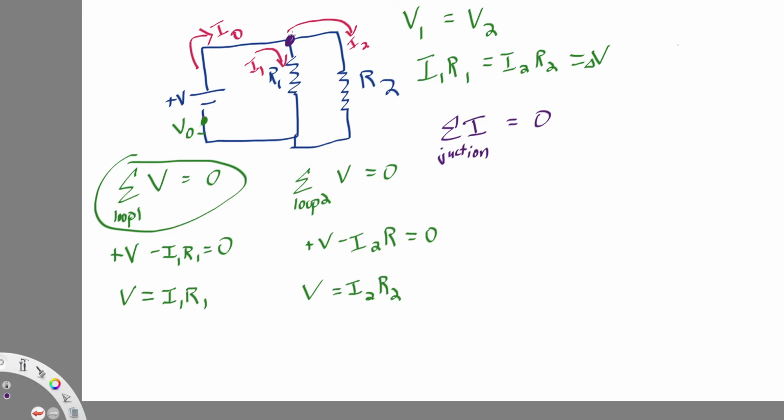Well, the amount of current coming out has to equal the amount of current going in, right? Those charges have to come from somewhere. And so that's the idea behind this junction rule. So if currents are going in, we'll call those positive, and if they are coming out, we'll call those negative. So in other words, the amount of current that comes in has to equal the amount of current that comes out.